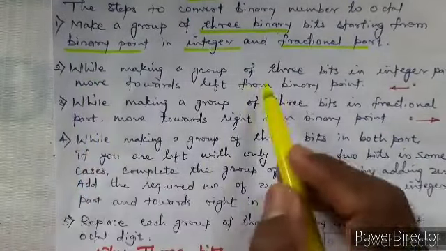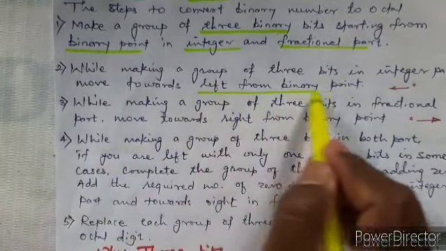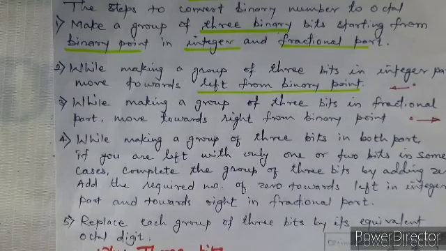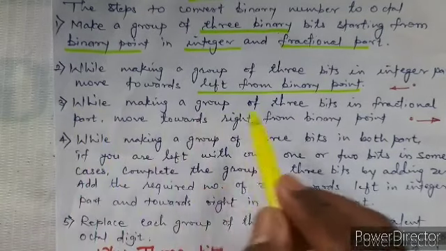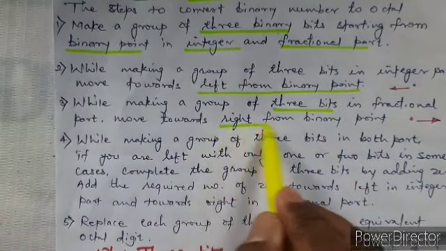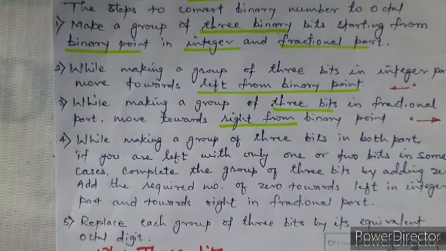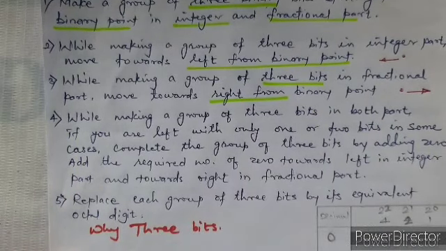Then while making a group of 3 bits in the integer part, move towards left from the binary point. So we have seen this. Next point, while making a group of 3 bits in the fractional part, you have to move towards right from the binary point. Okay, now this fourth point is important.